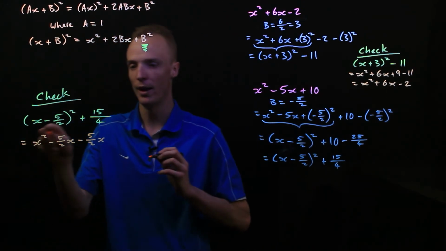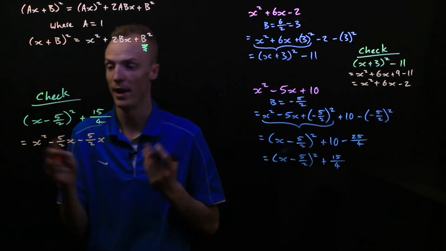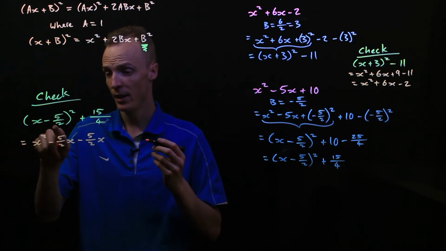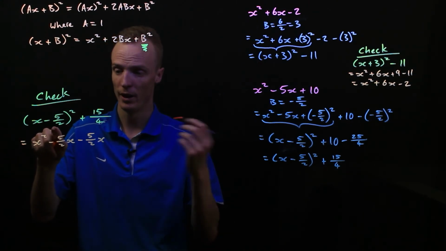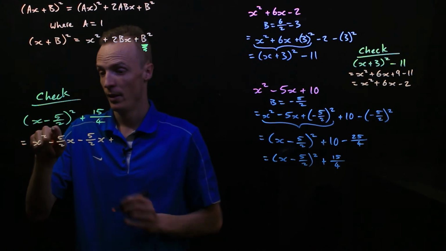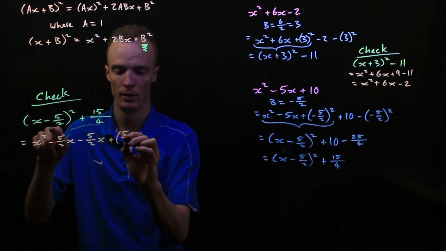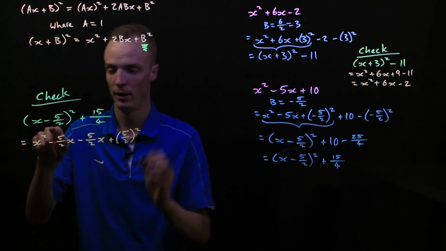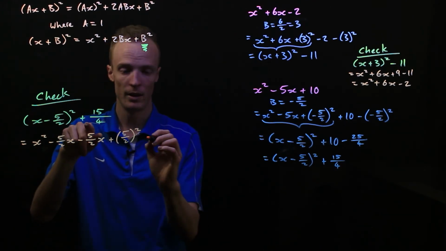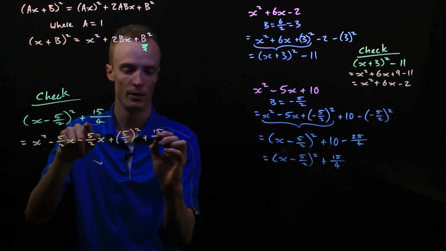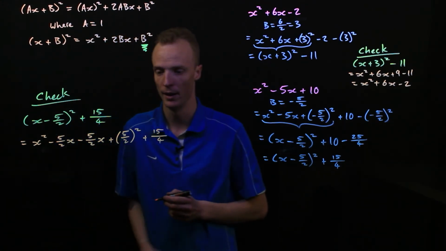You could rewrite this and use FOIL. I'm just doing that in my head. And then -5 on 2 times -5 on 2, or negative times negative will be a positive. Then that'll be 5 on 2 squared, which I'll worry about in a moment. And then add 15 on 4 at the end.